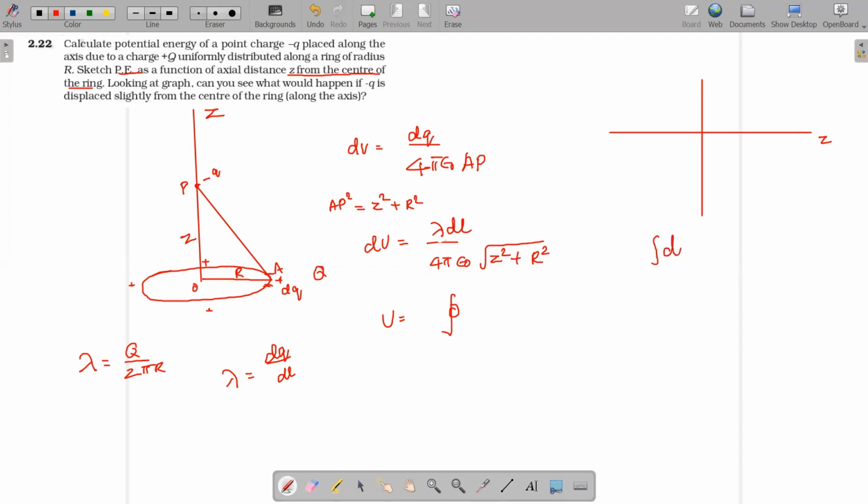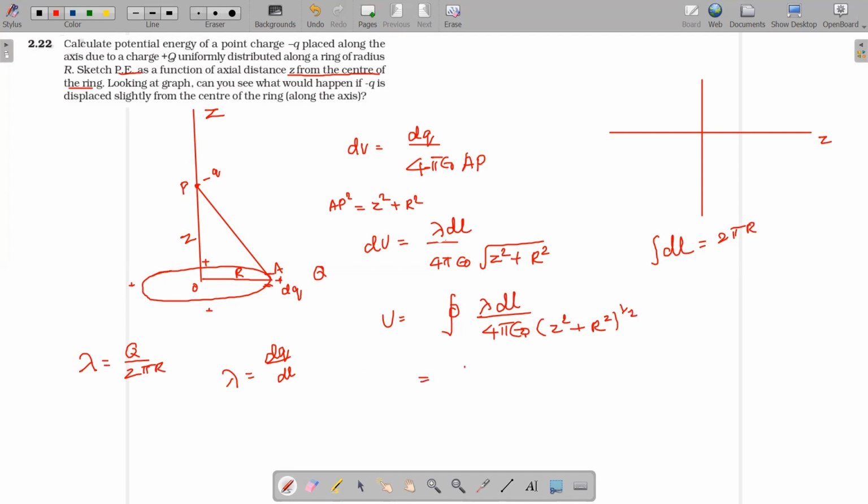What is the integral of dl, which is nothing but 2 pi r? Substituting the value, lambda into dl divided by 4 pi epsilon naught into Z squared plus R squared to the power of half, and instead of dl we substitute 2 pi r. That's all.